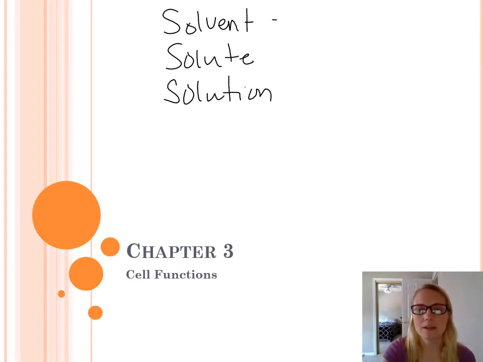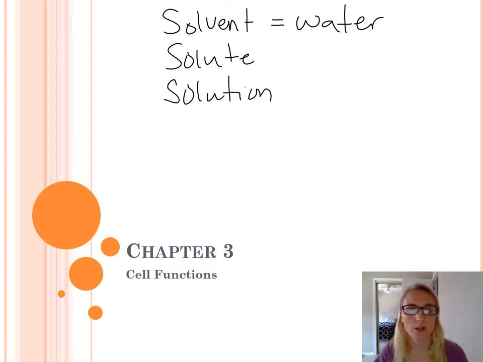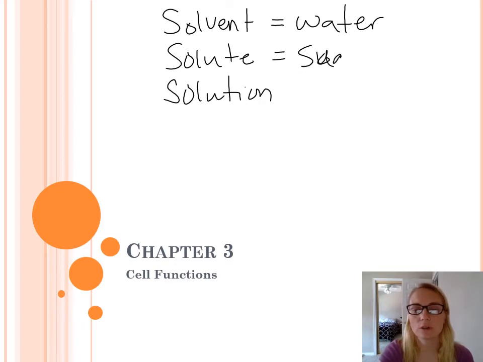The solvent in that case is the water. Water is what we call a universal solvent. It's really good at dissolving things. The solute was the sugar, right? So I'm putting the sugar into the water, and it's going to dissolve. And the solution is the resulting sugar water.